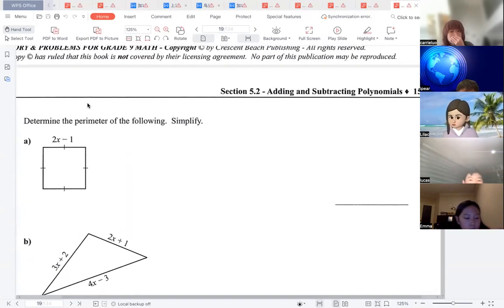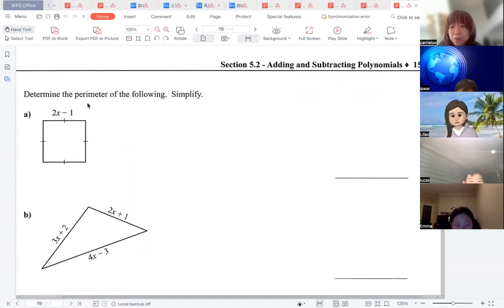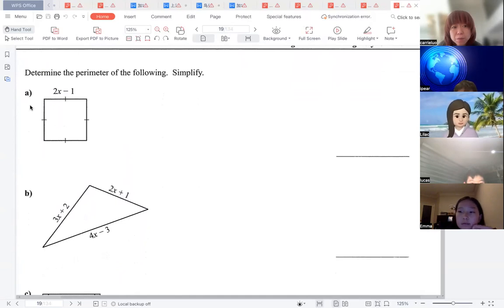Okay, so now let's take a look at this one. A lot of students ask why we're learning this, right? Sometimes we need to apply the math to real life. For instance, we have calculated the perimeter. If one side is 4 centimeters, we know the perimeter is 4 times 4 equals 16 centimeters, right?